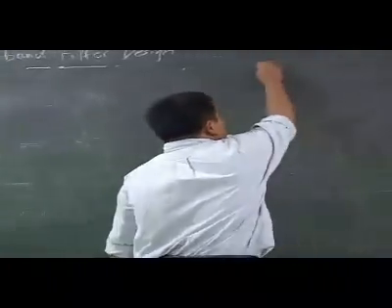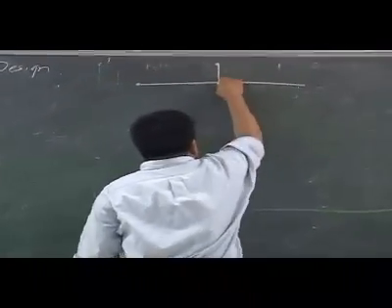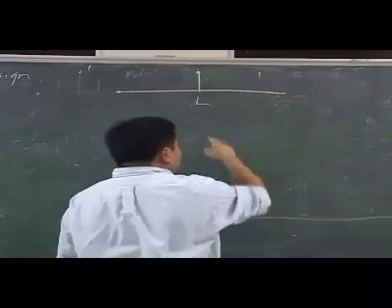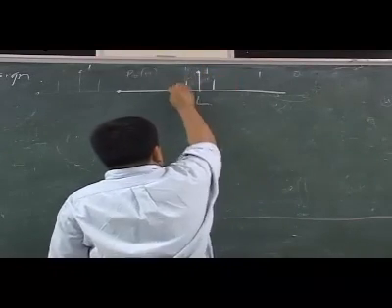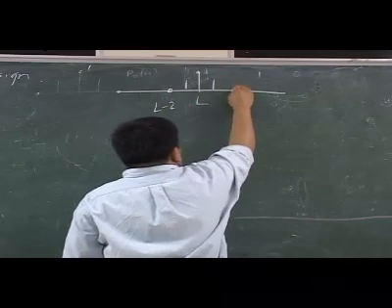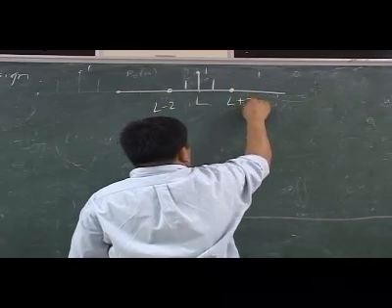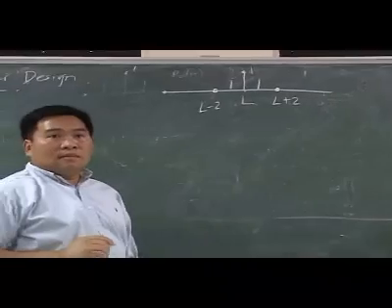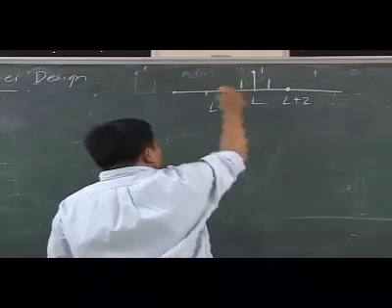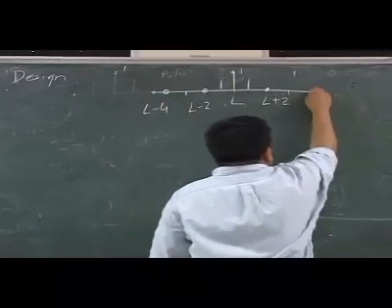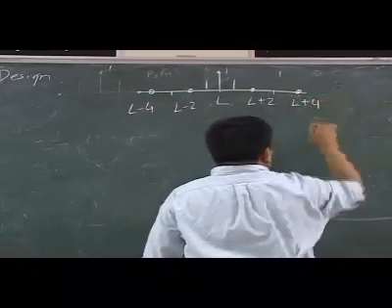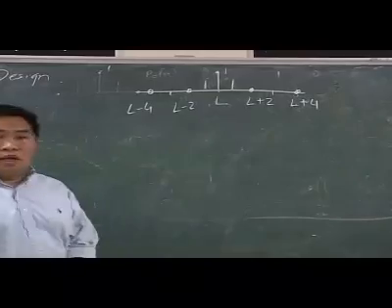I know that there's a center of symmetry, L, right? At L it is 1, and I don't really care what this is, but at L minus 2 and L plus 2, the value is exactly 0, right? The next point, I don't care what this is, and then at L minus 4 and L plus 4, and so on. That's one way to do it.